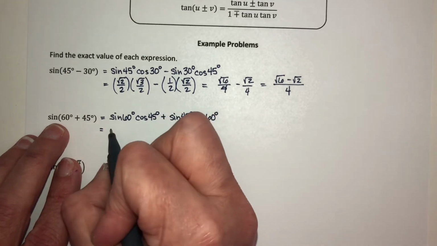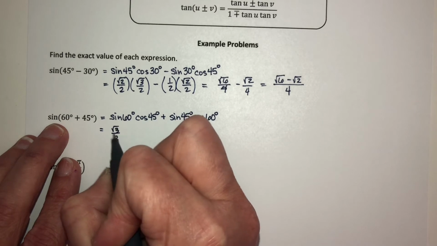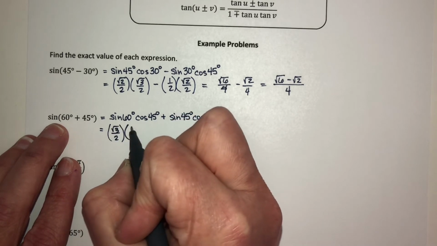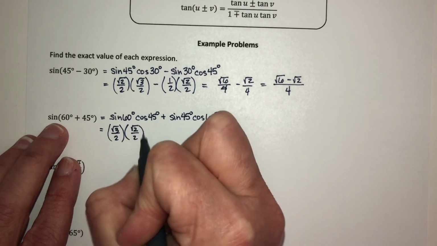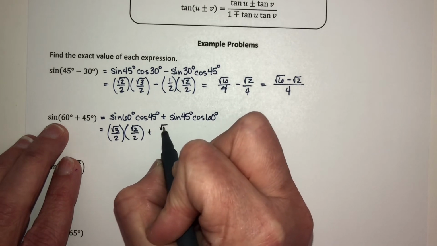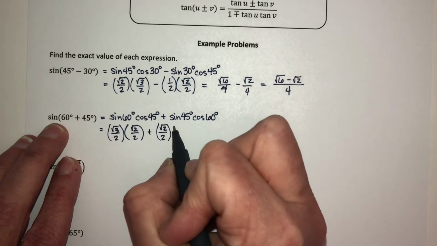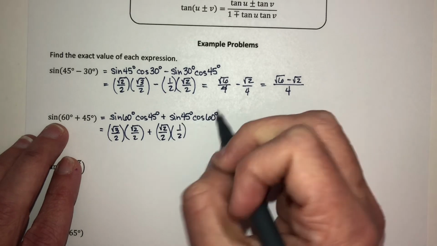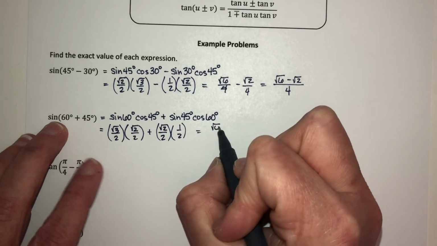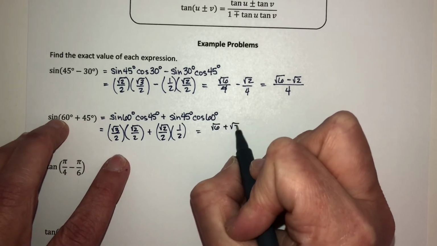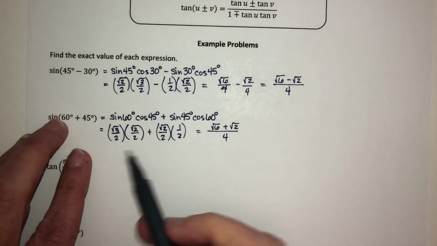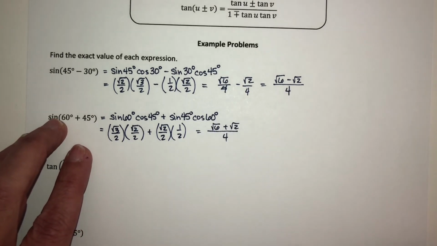Sine of 60 degrees is square root 3 over 2. Cosine of 45 is square root 2 over 2. Plus, this is square root 2 over 2 times 1/2. And you get square root 6 plus square root 2 over 4. I'm betting you don't need to see all of these steps written out anymore.